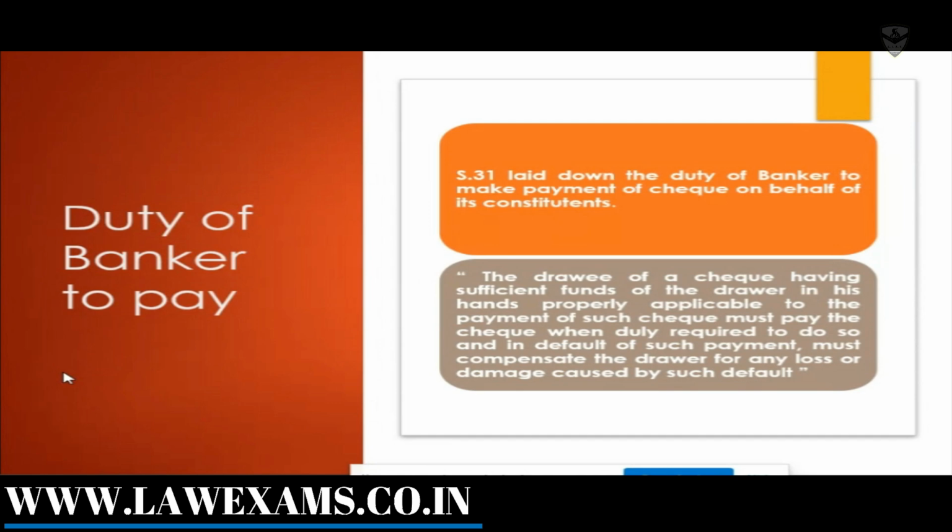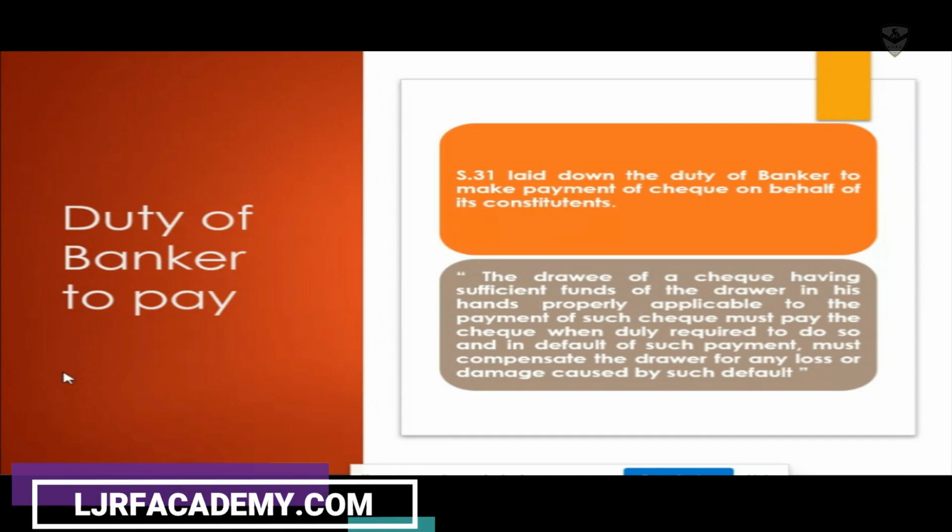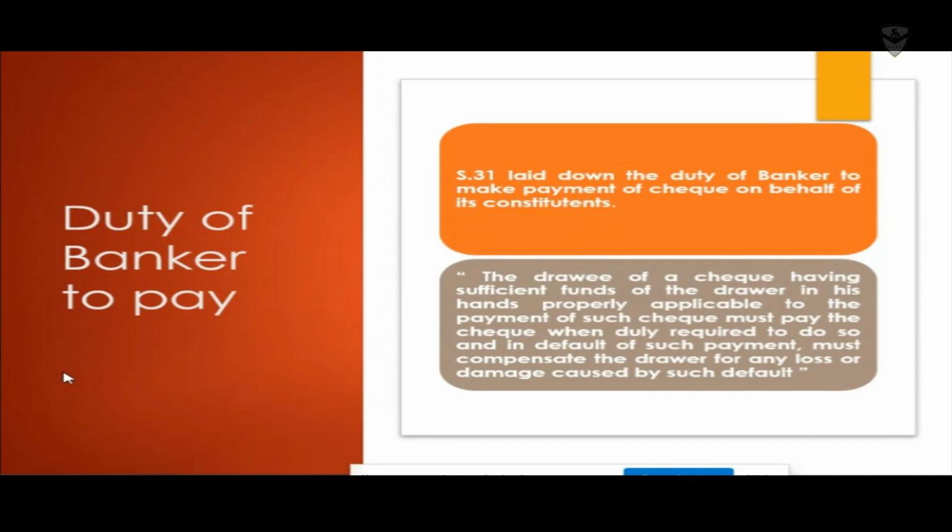Such check must be paid when duly required to do so, and in default of payment, if there is a default on the part of the bank in making payment of a check, then the bank is liable to pay compensation to the customer. It must compensate the customer for any loss or damage caused by such default. That is what Section 31 says.